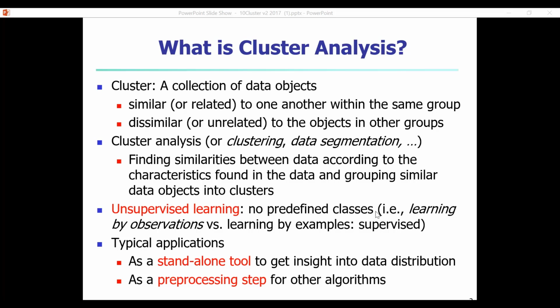The typical applications: it can be used as a standalone tool, but it can also be used as a pre-processing step. For example, before you use regression, a decision tree, or a neural network, you may want to divide a huge data set into several homogeneous clusters, and for each cluster you may want to apply any data mining algorithms or regressions.